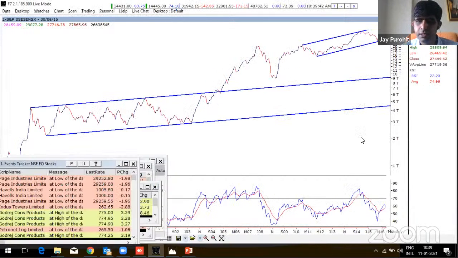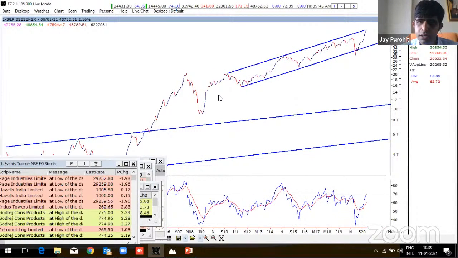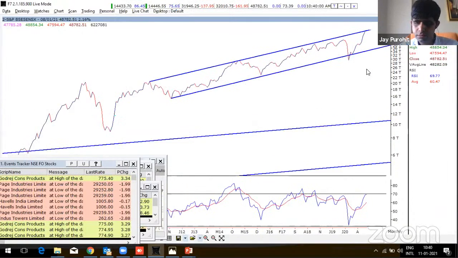Now if you look at the current scenario, again we are seeing a rising channel right now. It started from 2010, with a small high here as well. It came near to that, so majorly this can be the third one as well.